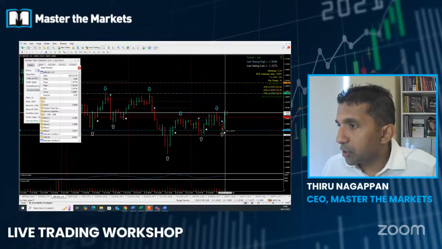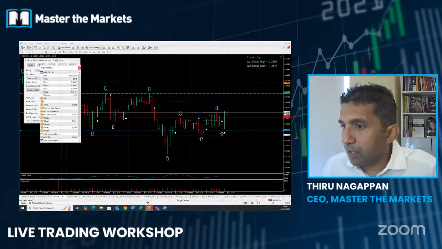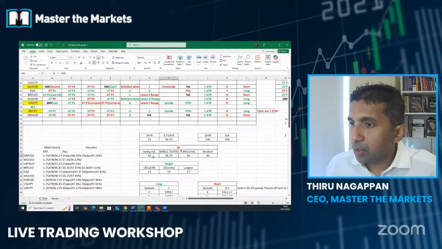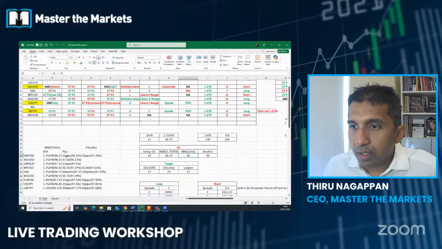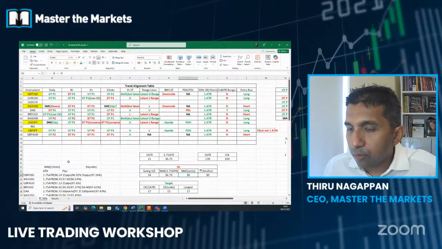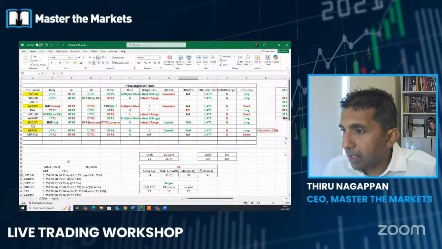If I do it to the swing, that's 34, isn't it, traders, right? So if I do it to the swing, that's 34. And this one is 36.75. MAE units, I've got it over here. I've taken it off my table. Over here, that would be 15, isn't it?